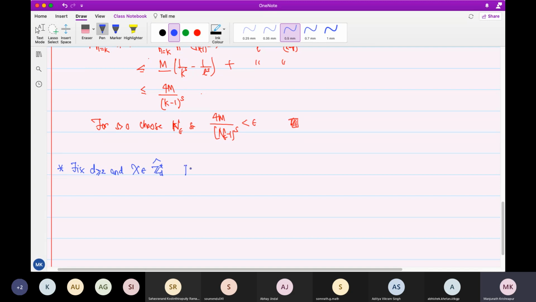Remember the Dirichlet L function: L chi of s is defined as summation chi of n over n to the power s, n equals 1 through infinity.